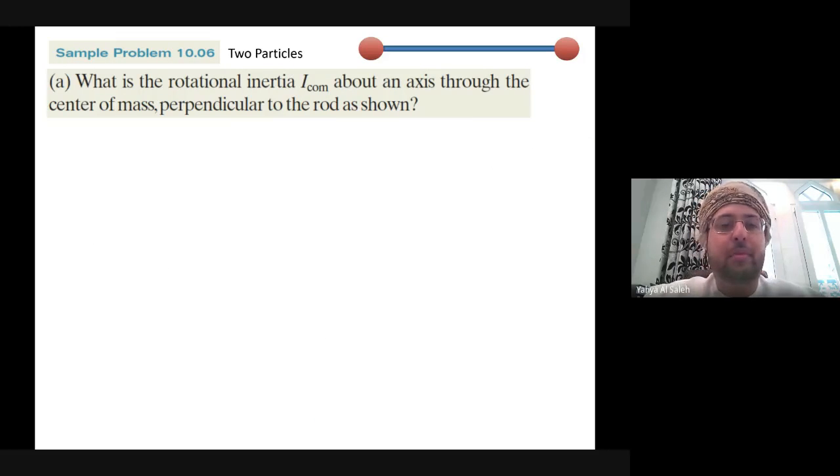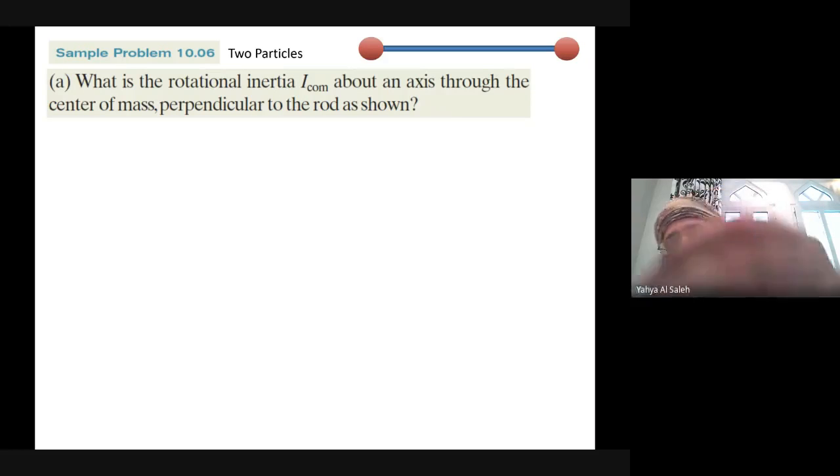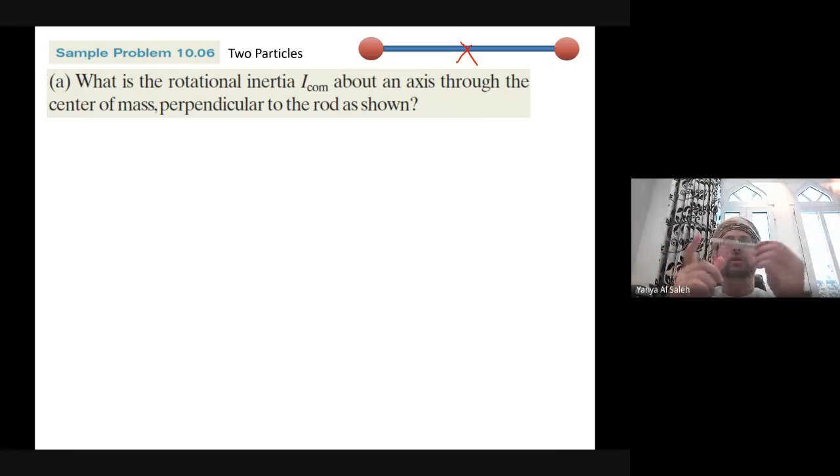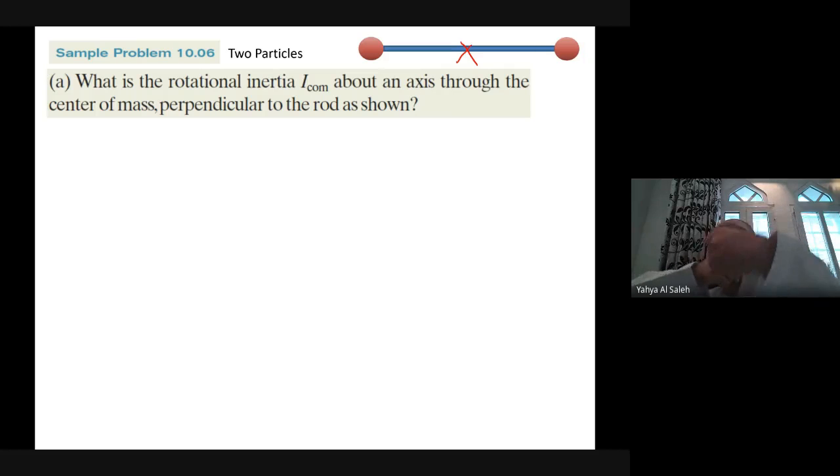Let's do a sample problem. What is the rotational inertia, I COM, about an axis through the center of mass, perpendicular to the rod as shown? So I want it this way. If this is my rod, I want my center of rotation like this.